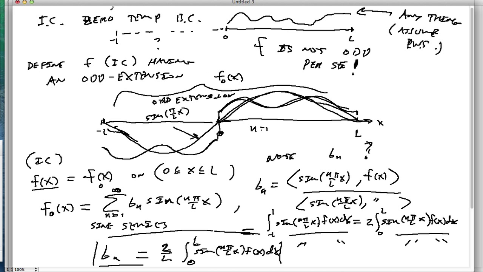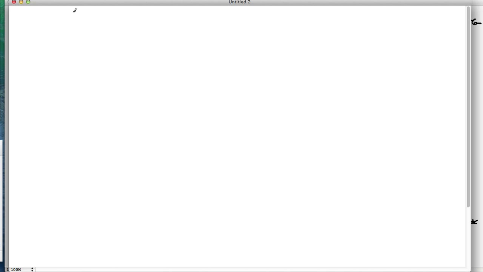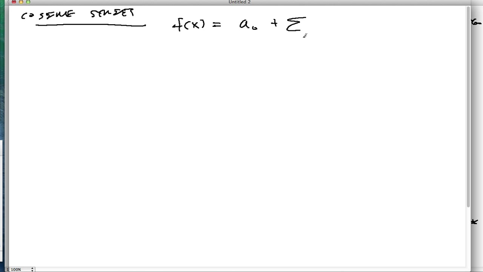All right, so the next question: we've talked about sine series, now cosine series. And we have something like this: A0 plus the sum from n equals 1 to infinity of an cosine n pi over L x.